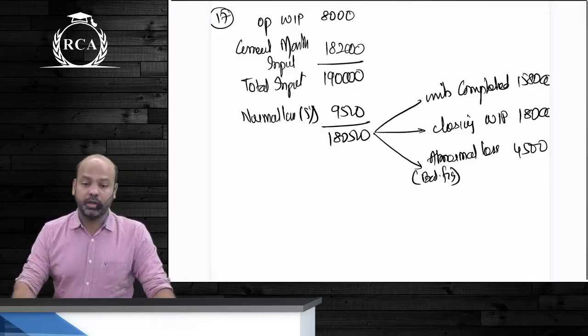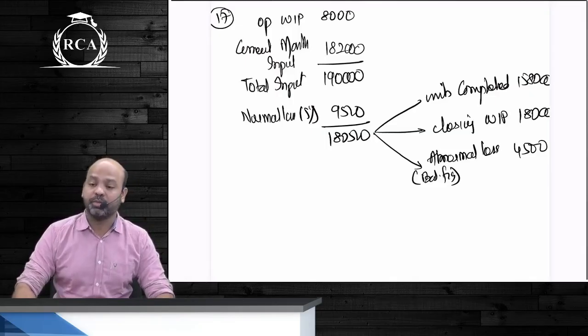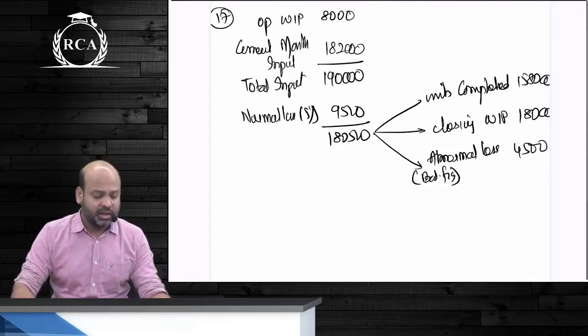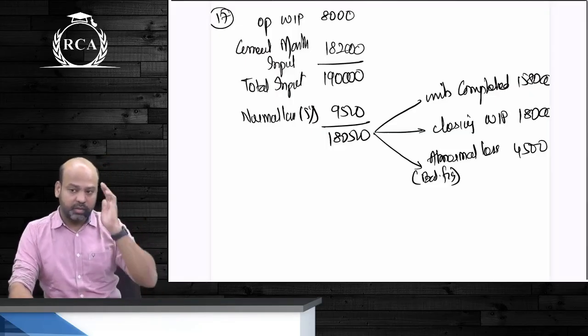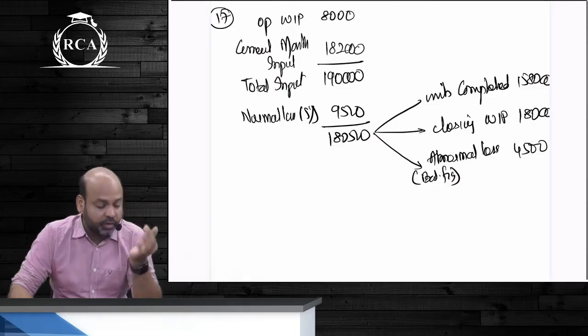Now, clear? Because this is FIFO method, you are supposed to compute cost per unit. In this question, beta, you cannot even use weighted average method. That is why I had to pick up this question. Why can't we? The bifurcation of opening work in progress is not given.